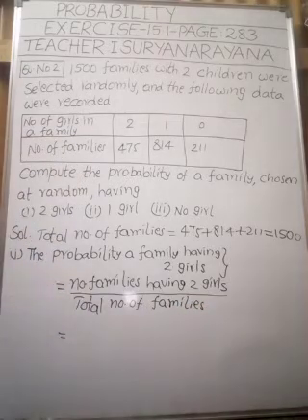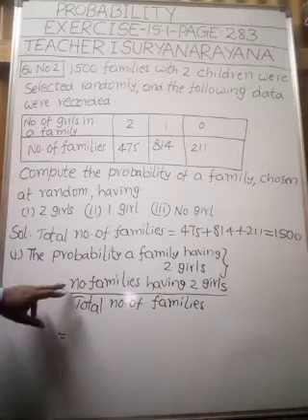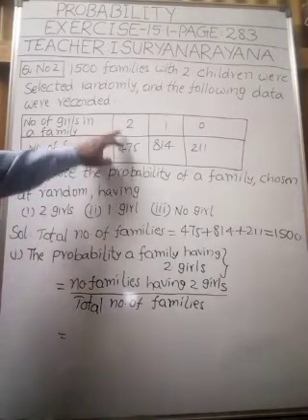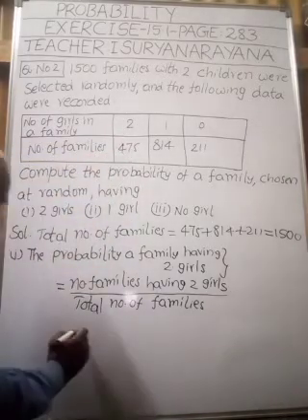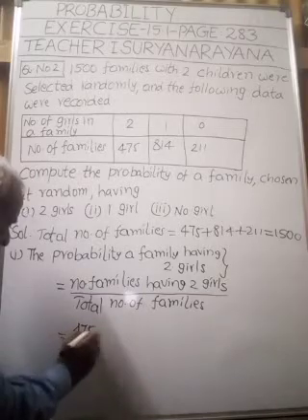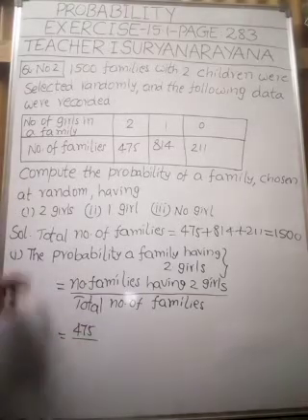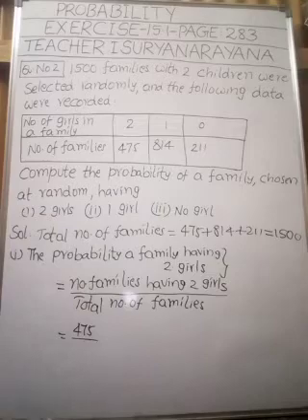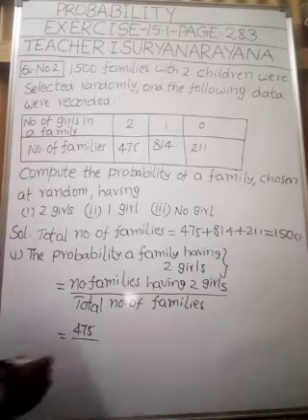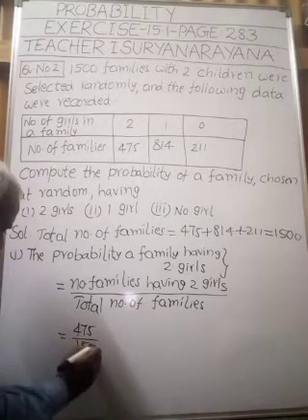Understood this step, my children? Right. How many families are having 2 girls? 475. 475 by what is the total number of families? 1500. Yes or no, my children?